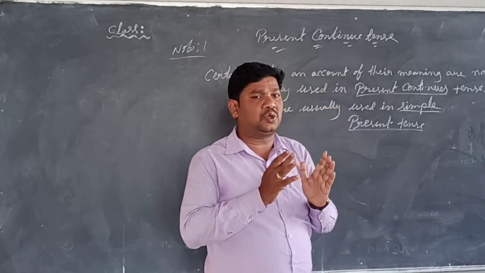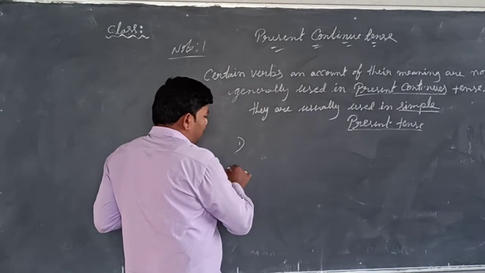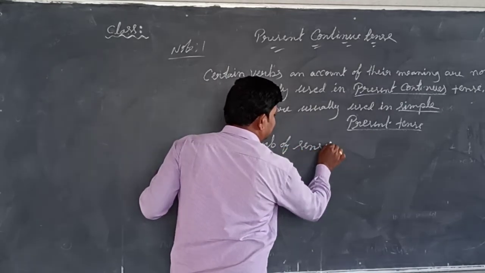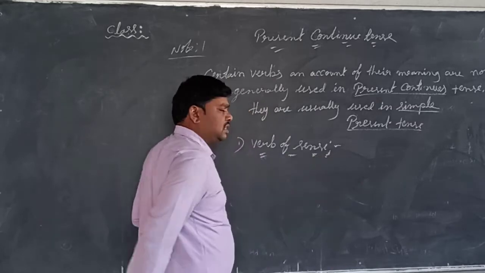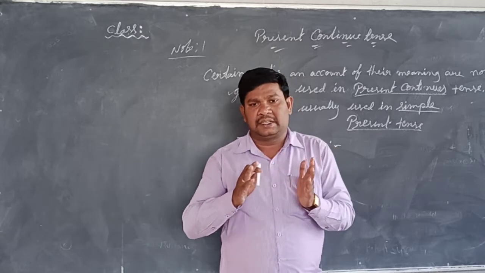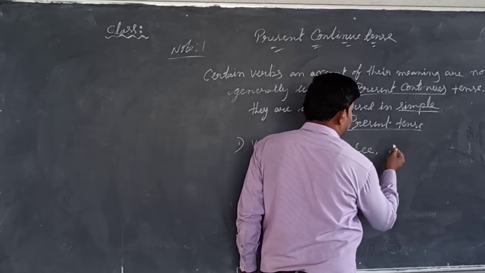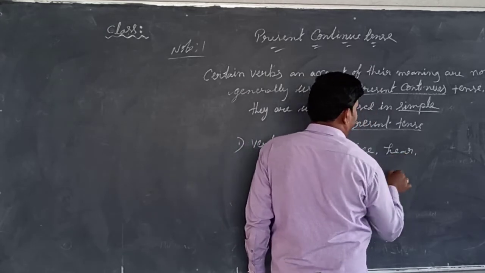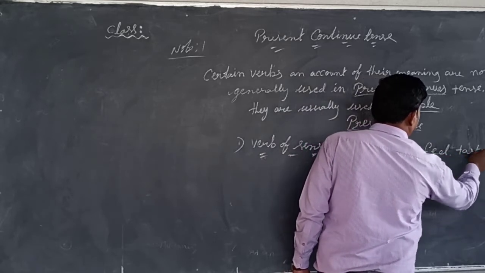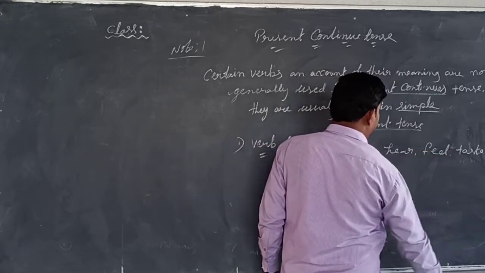Let us observe what those certain words are. The first one is verbs of sense. Some verbs indicate the senses: see, hear, feel, taste.